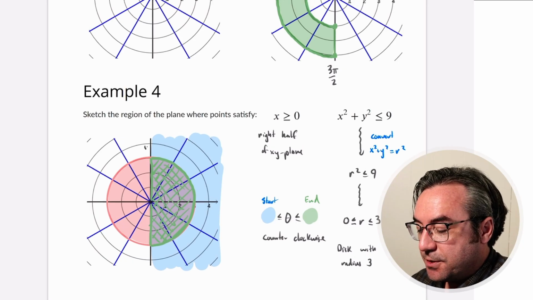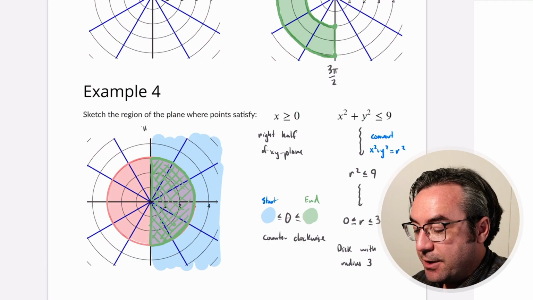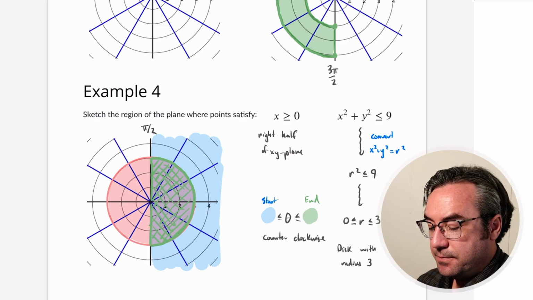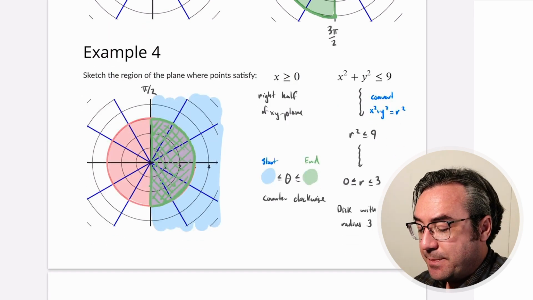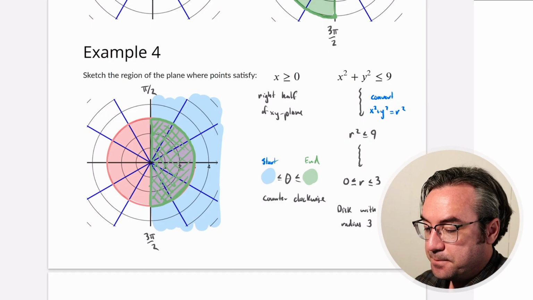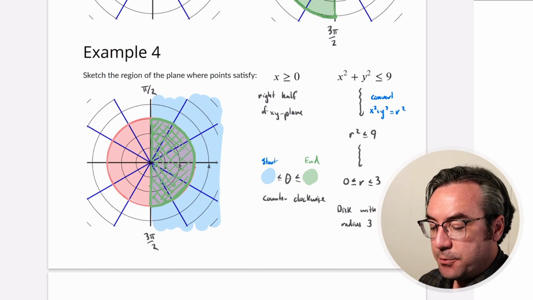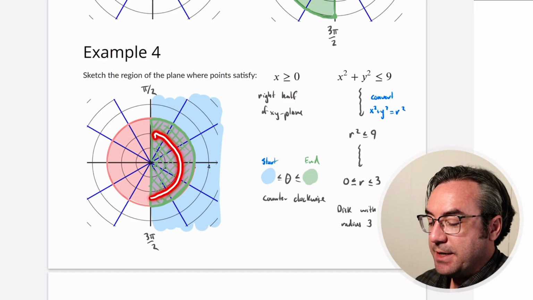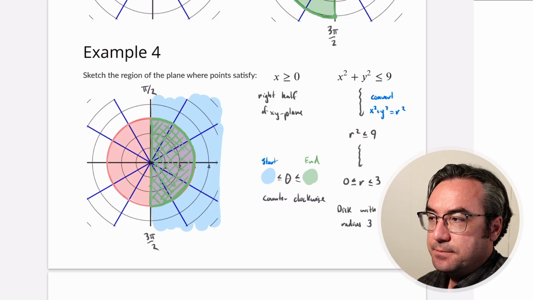So what is the ray that gives us the positive y-axis? Well, it's pi over 2. Now what about the ray that gives us the negative portion of our y-axis? Well, it's 3 pi over 2. Now as we go through this, we're going to be going counterclockwise, so this ray here has to be our starting angle.